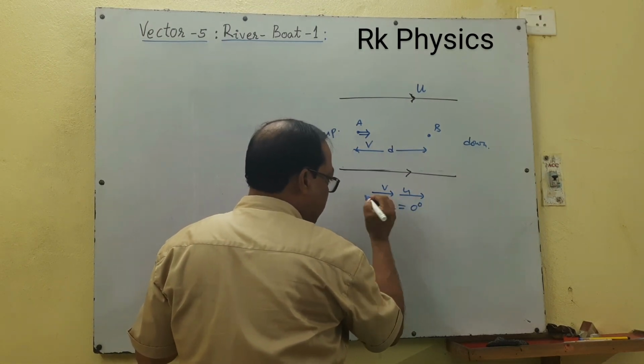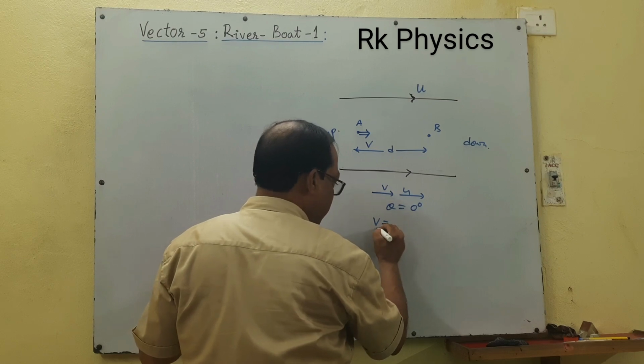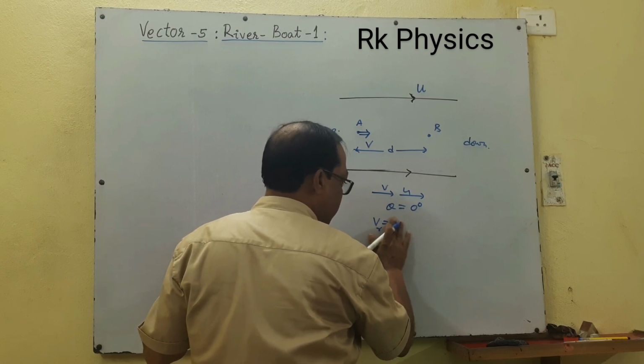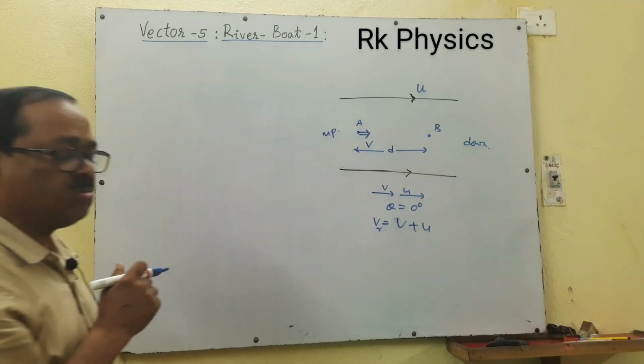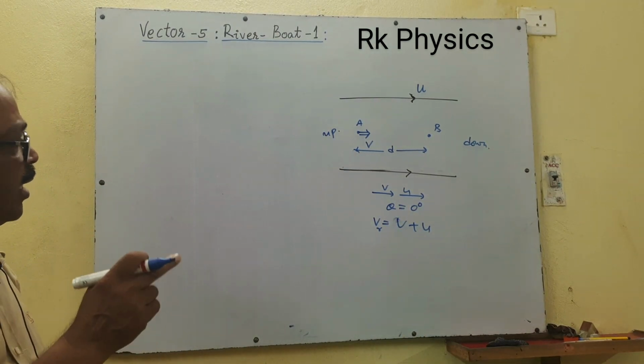Therefore, the resultant velocity must be v plus u. This is the resultant velocity along AB.